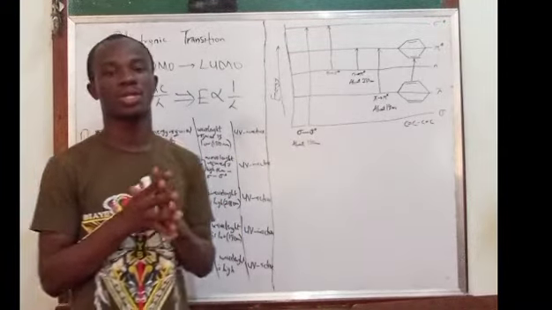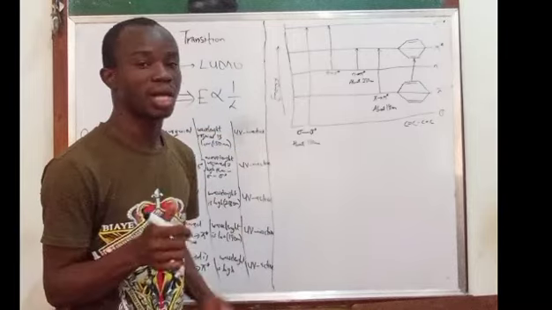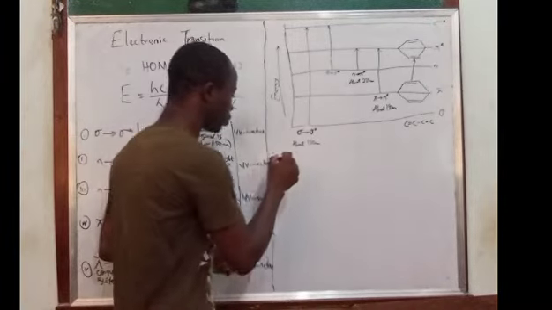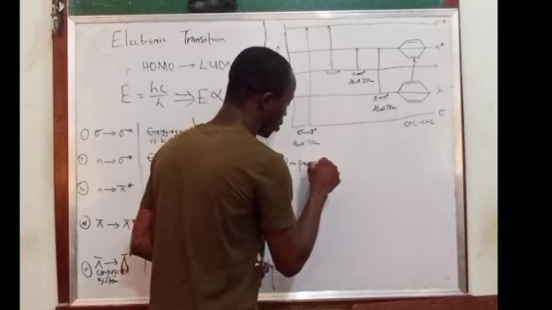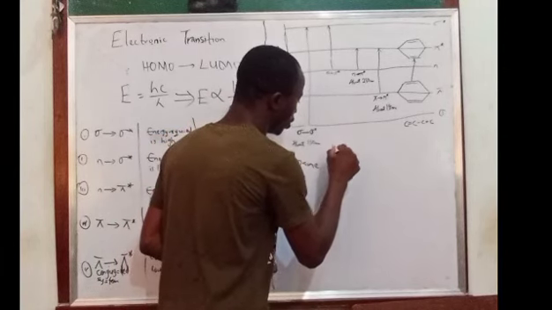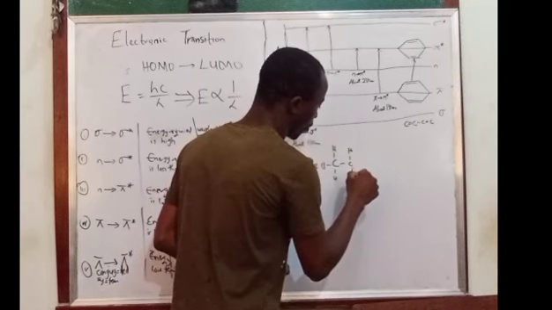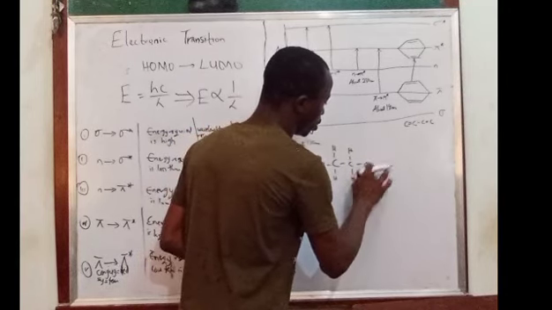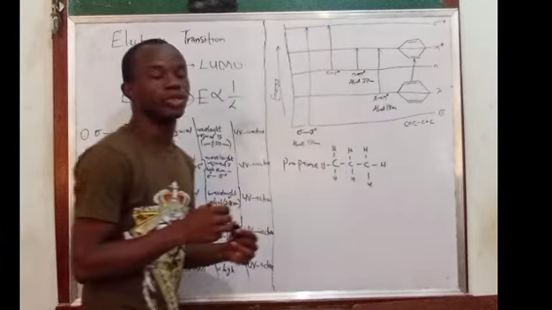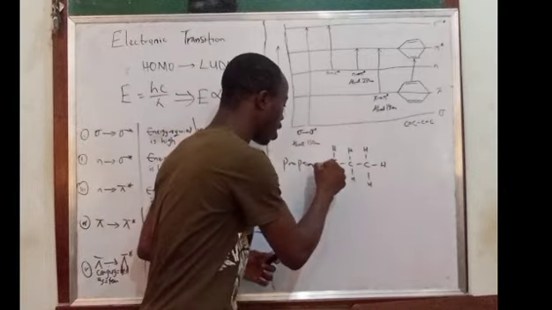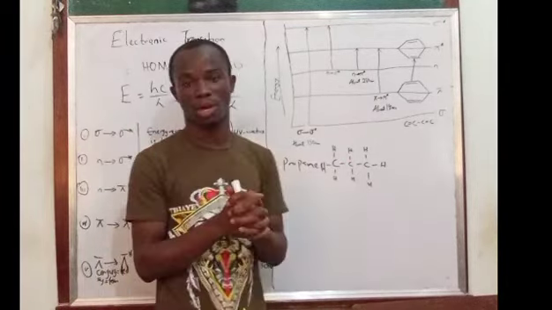Let's look at some molecules and try to determine whether they are UV active or not. Let me start with an alkane. An example is propane, which is CH3, CH2, and CH3. In this molecule, the only kind of bonds that we have in the system are sigma bonds.